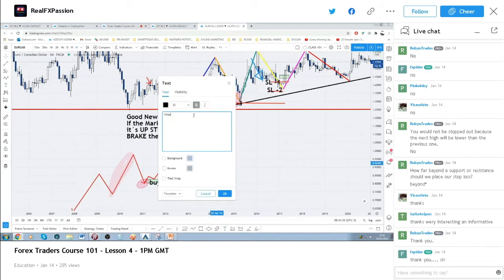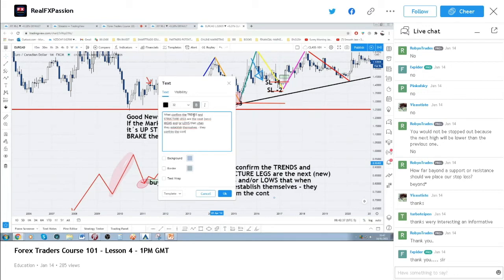What confirms the trends and structure legs are the next or new highs and or lows that, when they establish themselves, confirm the continuation of the trend or structure.